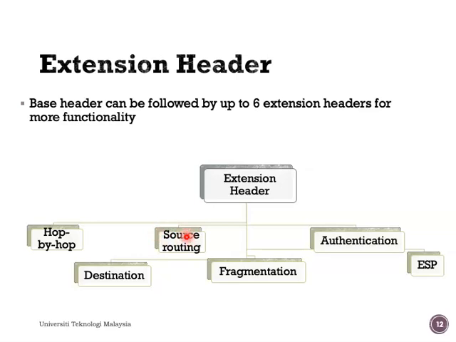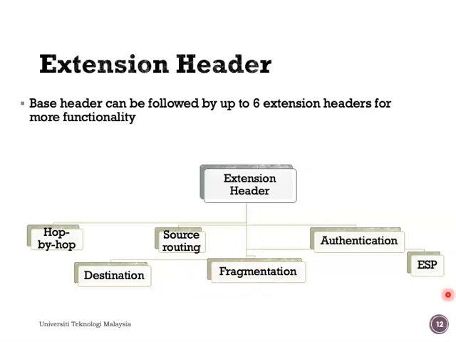But for source routing, the destination address changes from router to router. In the source routing header, there is a list of addresses that the datagram must visit. It means that the source has already determined which route to take and which routers are to be visited by that datagram. For fragmentation, in IPv6, only the original source can fragment.